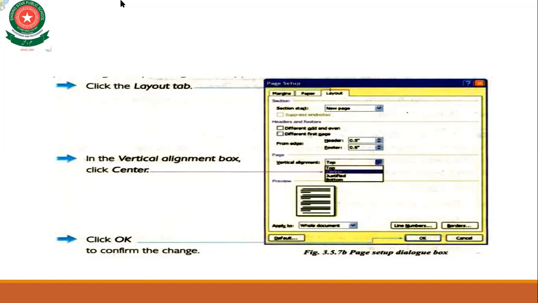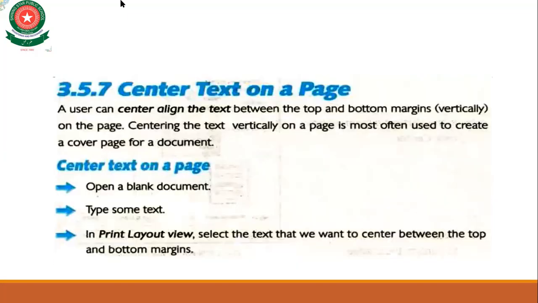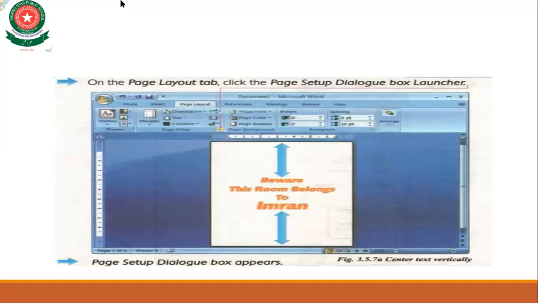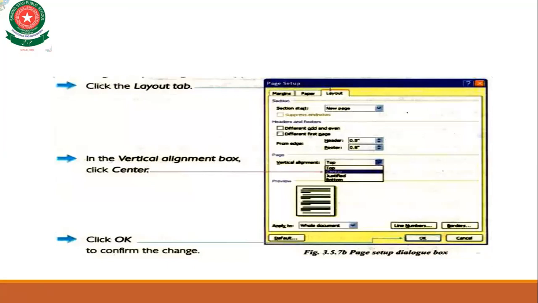First of all, you have to write something, then you have to select the text which you want to center between the top and the bottom margins. Then on the page layout tab, click the page setup dialog box launcher. The page setup dialog box appears.